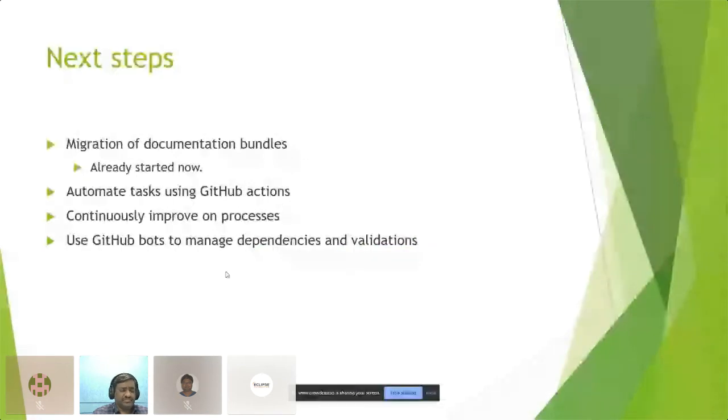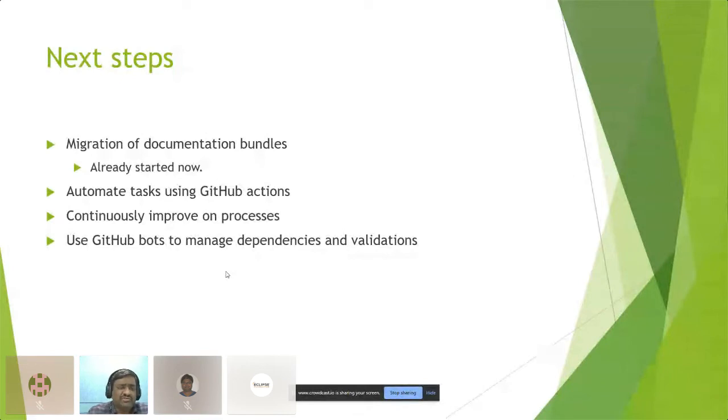Then we are continuously improving the GitHub process. Wherever possible, we want to avoid manual intervention and reduce human mistakes, basically typos like that. So wherever possible, it is better to automate.